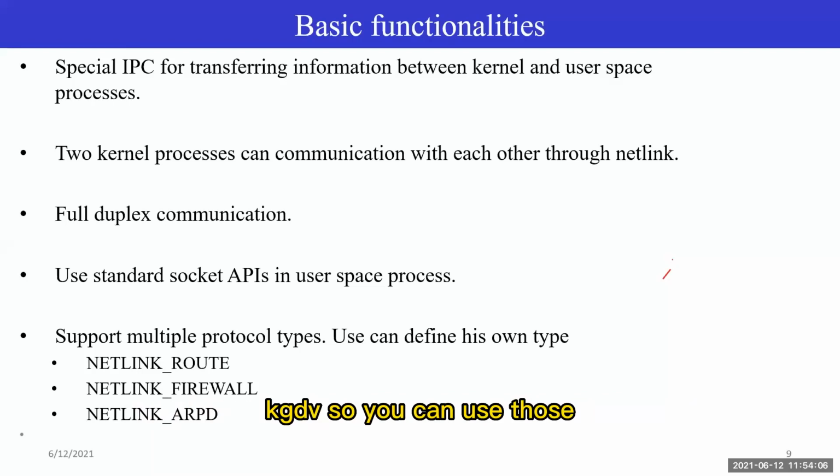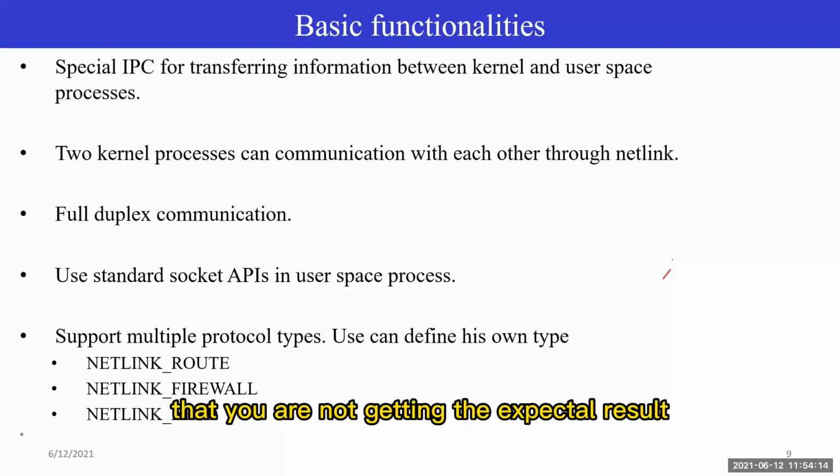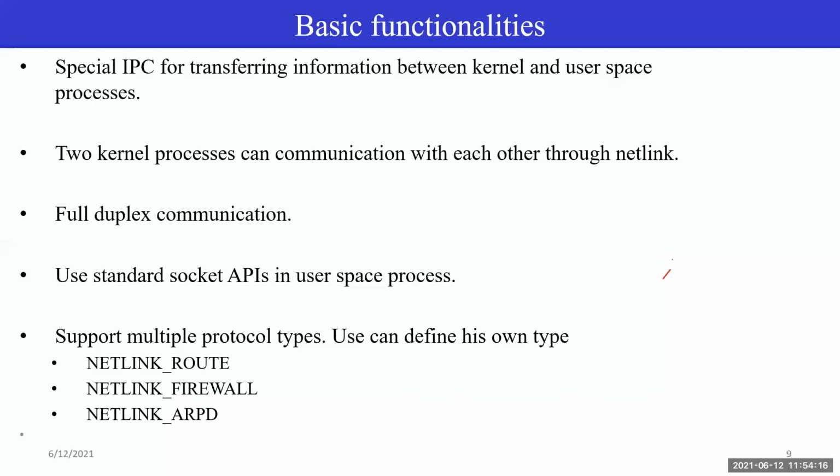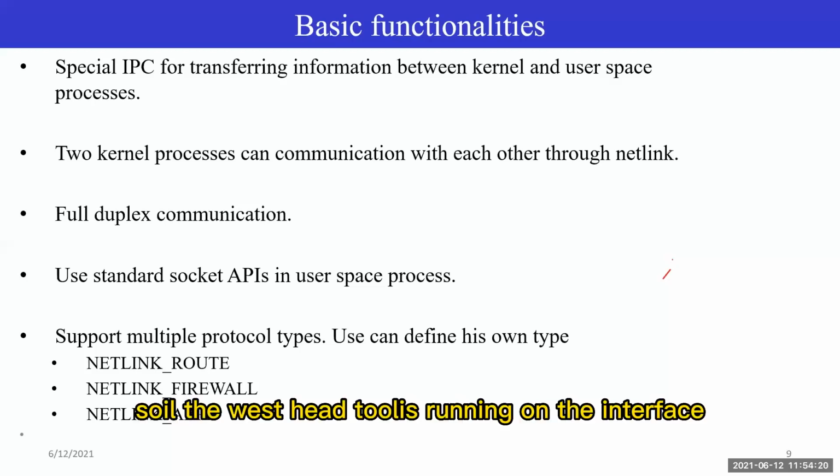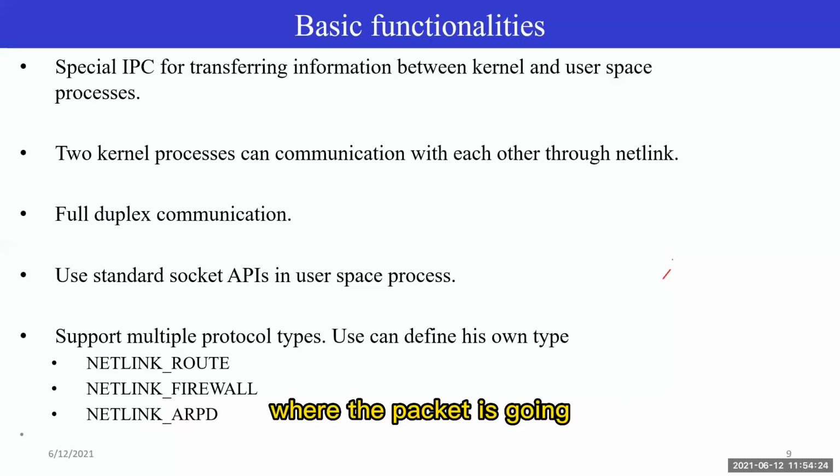So you can use those tools to debug whether the message is getting sent or not properly, or what the problem is that you are not getting the expected result. But Ethereal or the Wireshark tool is running on the interface where the packet is going out or coming in. So Wireshark will not capture those communications.